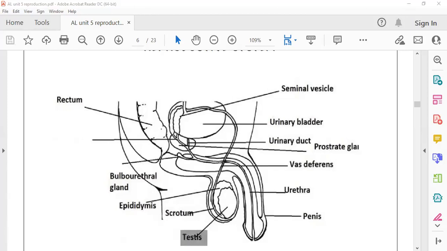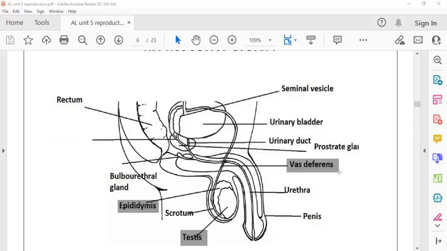There are two testes. It's a part of the male reproductive system. On the testes, there is a coiled tubular structure called the epididymis. From the epididymis, there is a tube going, the vas deferens.